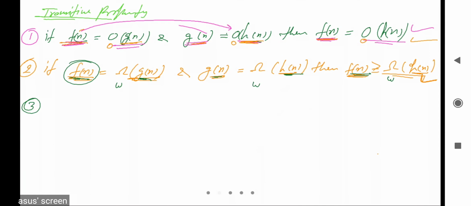Okay, let me check. So in case of theta also it will satisfy this property, right? Let's see what will happen.